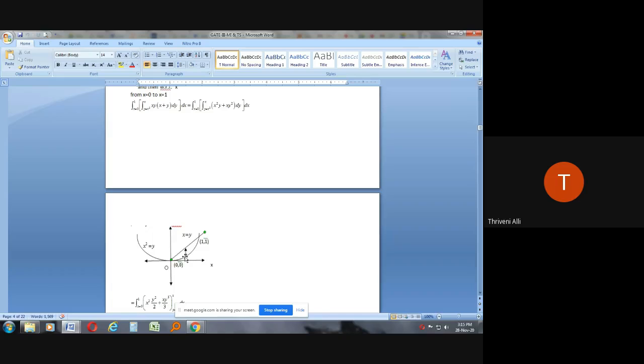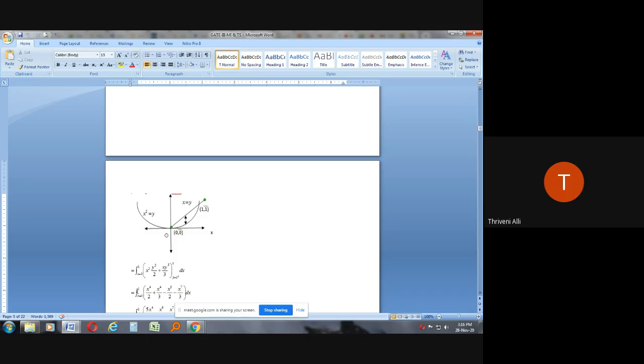So we have to take one variable limit and one constant limit. Generally we take from the lower curve. What is this curve? y equal to x square. So from this lower curve we get y equal to x square, and from this upper curve y equal to x. Generally we take from lower curve to upper curve, whereas in change of order of integration, we take from upper curve to lower curve.